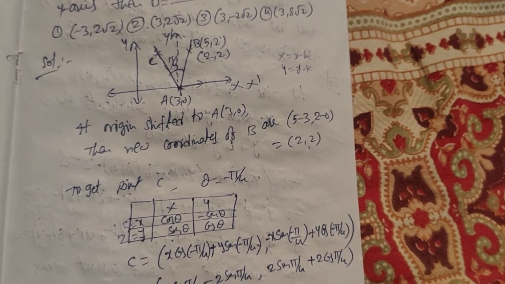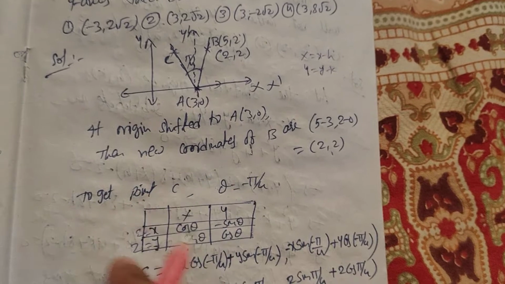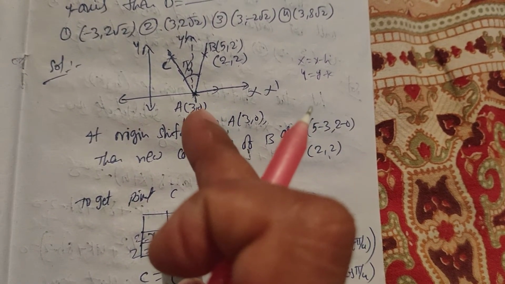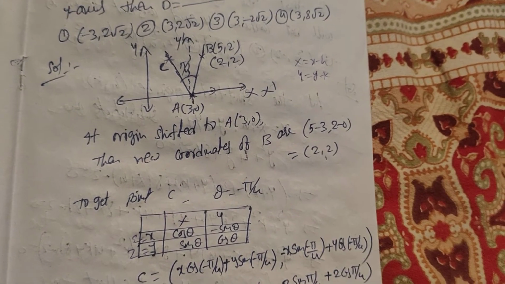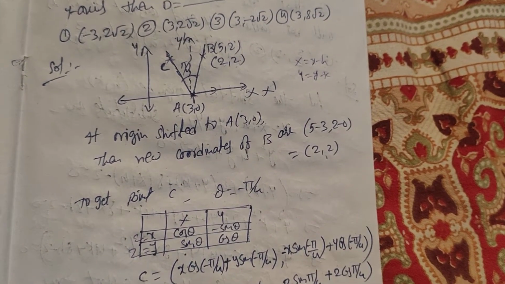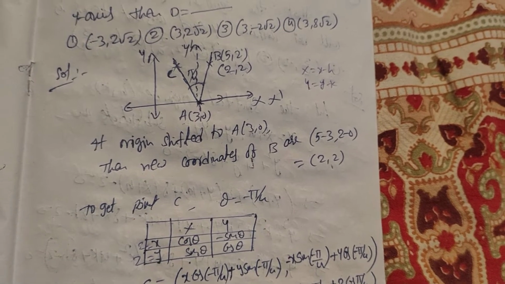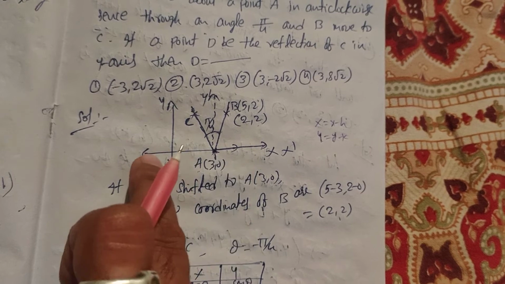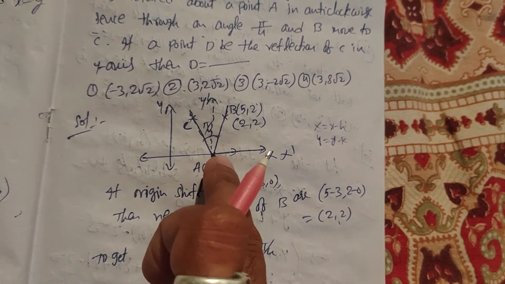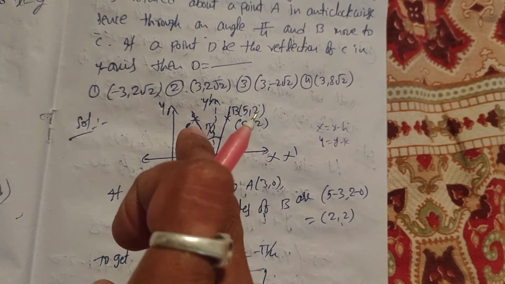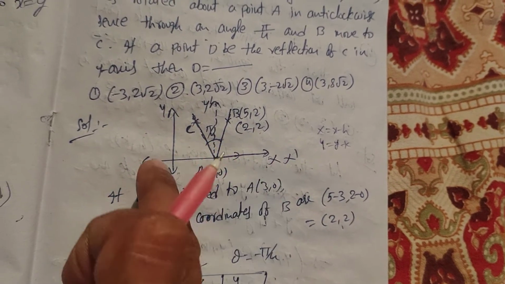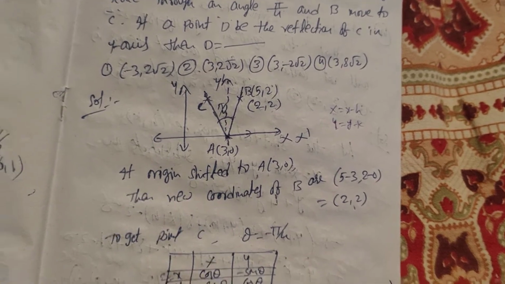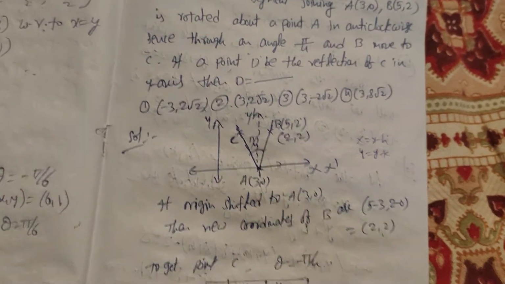If you want to use this table, the point about which you are rotating should be the origin. Here in the given condition, 3 comma 0 is not the origin, so you are shifting the origin to 3 comma 0 to find the original point of C. So again translating that 3 comma 0 back to the original position 0 comma 0. So this is a very important model problem.